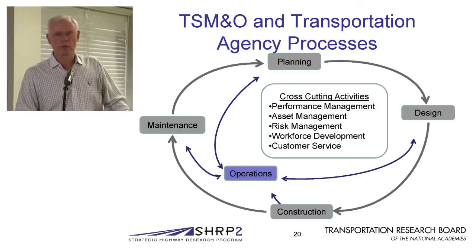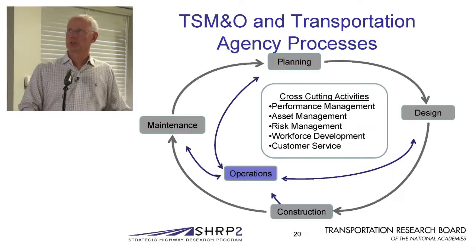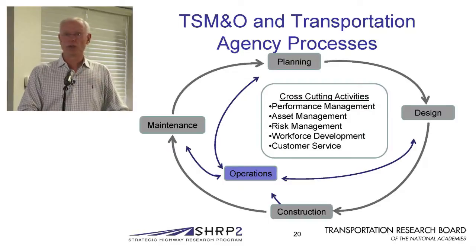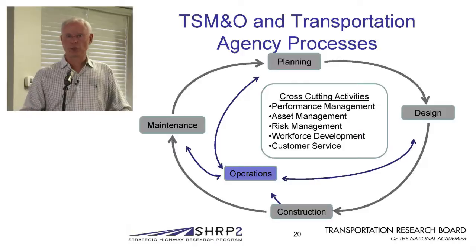And that isn't the only thing that TSM&O relates to. Those are the main functions within a department. But there's a lot of other things that the departments do that TSM&O does relate to. Those things include things like performance management, asset management that we just talked about a little bit as part of a maintenance function, risk management in terms of looking at projects, looking at planned activities and the risk associated with those.